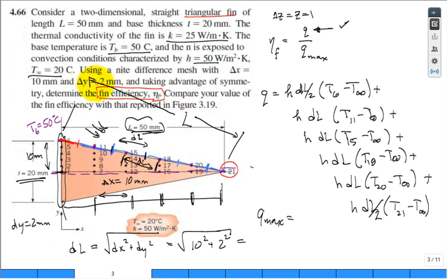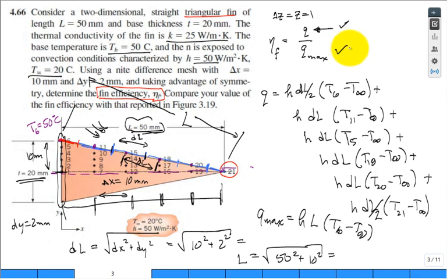It's going to be a little over 50, right? The total L here will be the square root of 50 squared plus 10 squared. So you have H times this total length times the base temperature minus T infinity. You have the numerator, you calculate the denominator, and you calculate the fin efficiency.